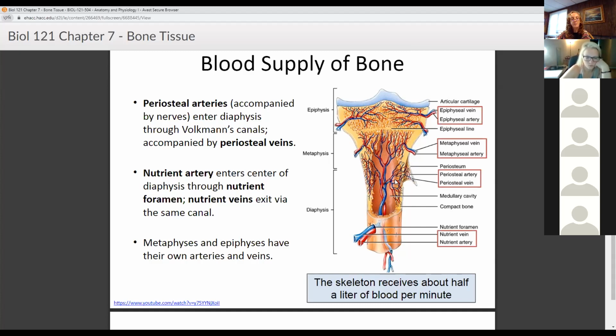Also, metaphyses and epiphyses have their own arteries and veins. So that's why we have epiphyseal veins, epiphyseal arteries, metaphyseal veins, metaphyseal arteries.